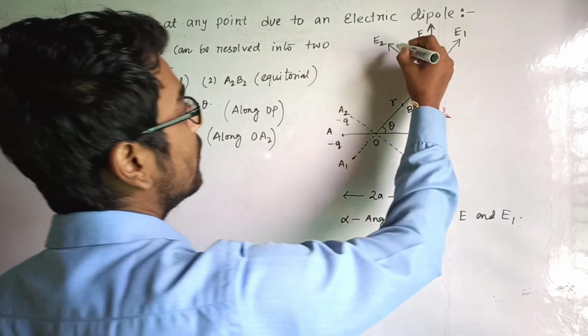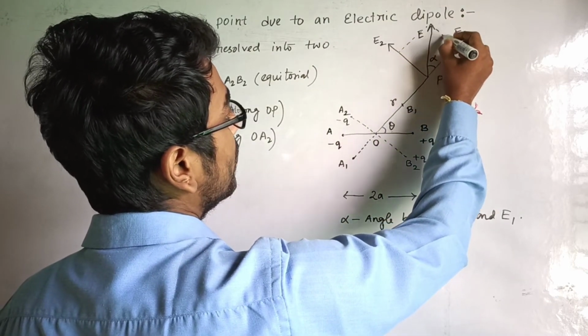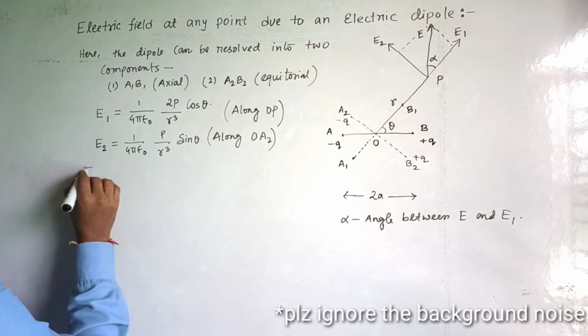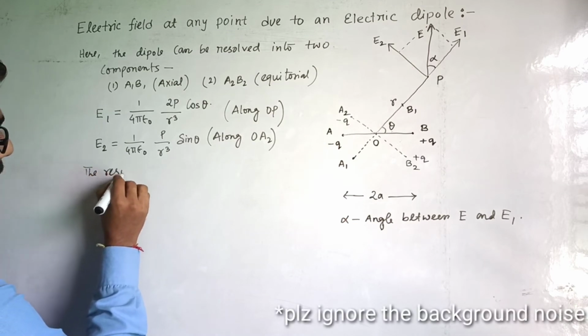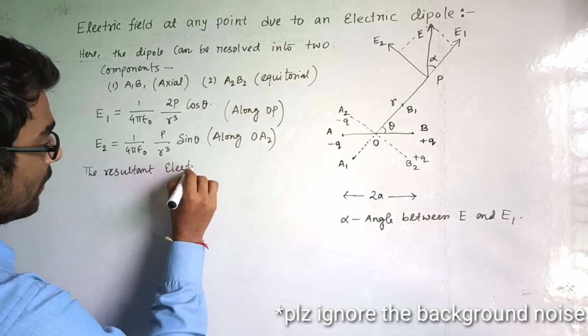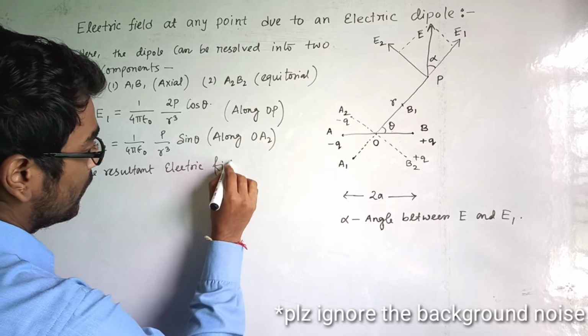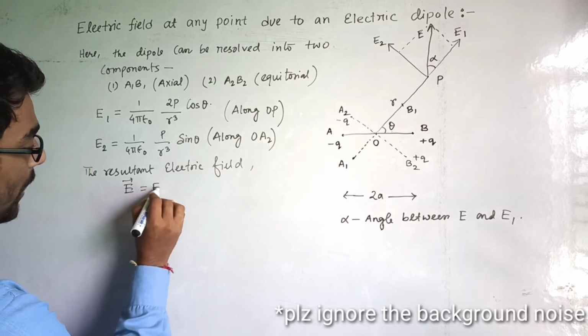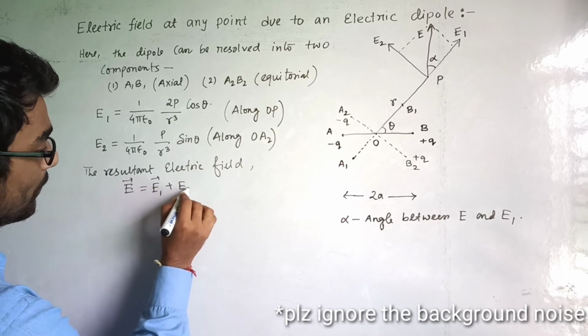So here we can apply the triangle law of vectors. The resultant electric field E will be E1 plus E2.